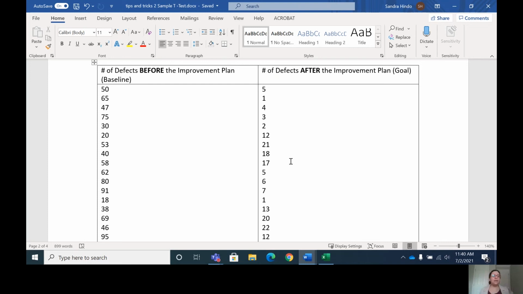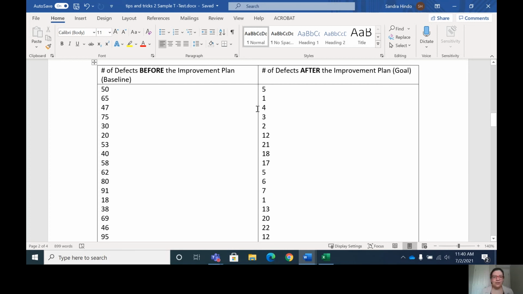The first column is the number of defective cell phones before the improvement plan. This is your baseline. And then your second column is going to be the number of defective cell phones after the improvement plan. You have two samples, two columns, before and after your improvement plan.